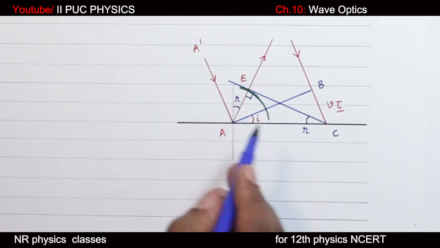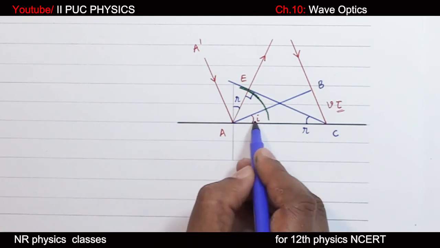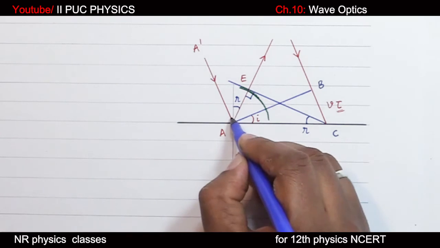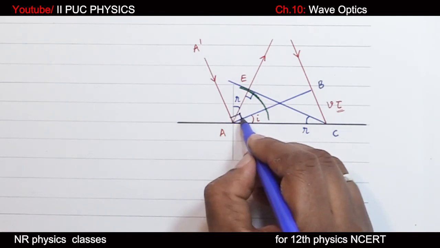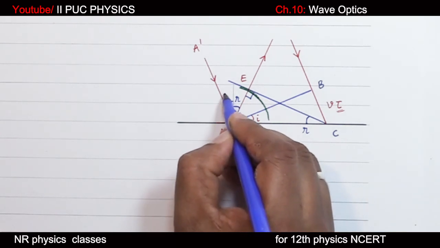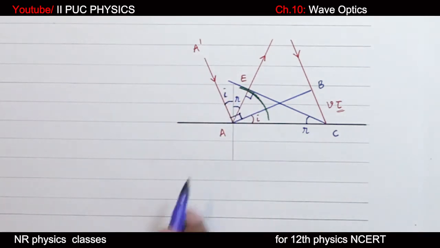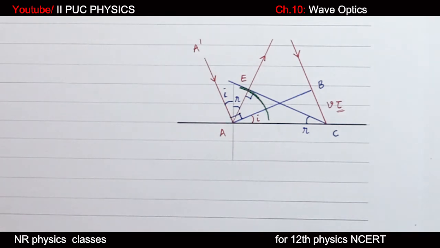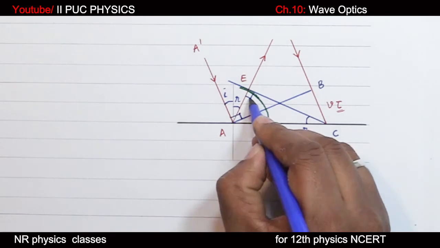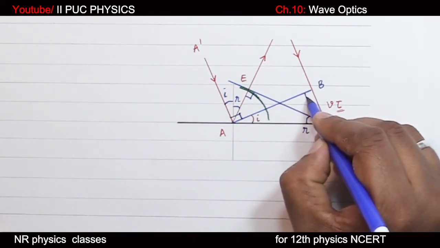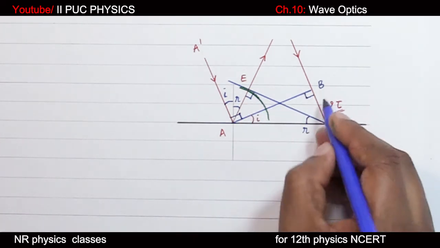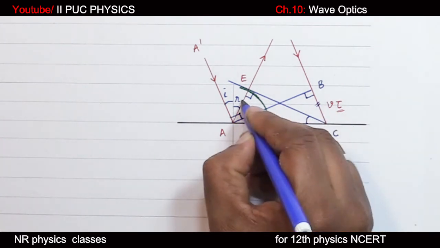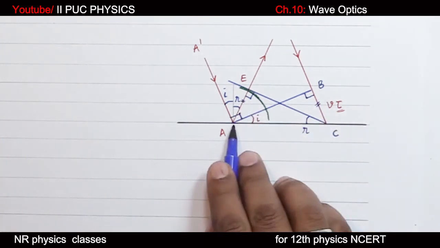Angle of incidence, if this is I, this angle is 90 degrees, therefore this angle should be equal to I. This is the angle of incidence, angle of reflection. Now this is 90 degrees, this angle is also 90. This length equals this length. AC is common to both.